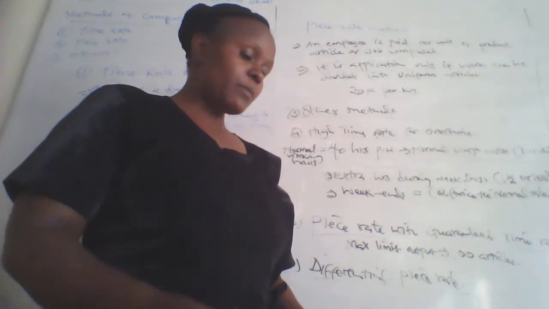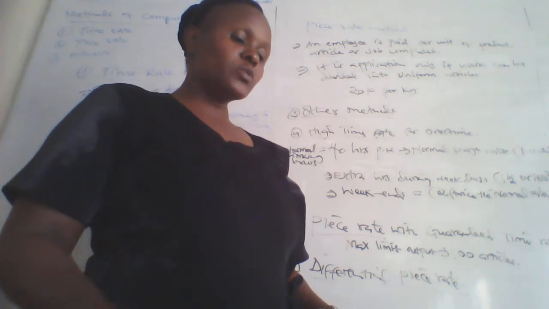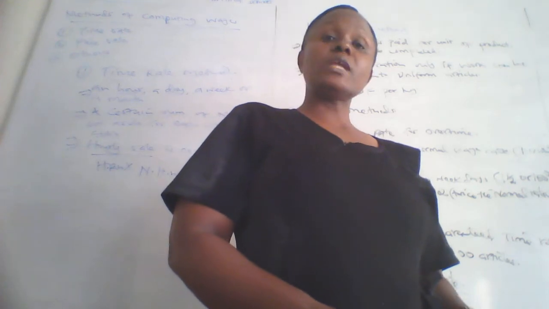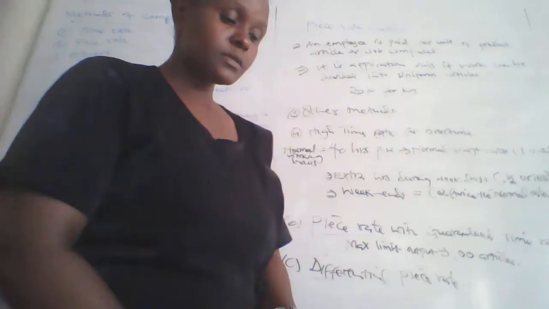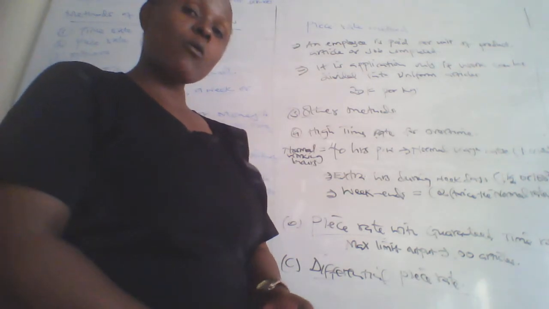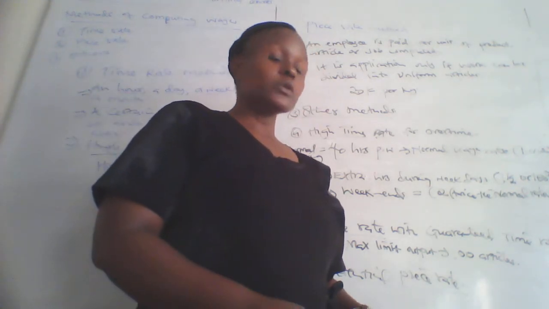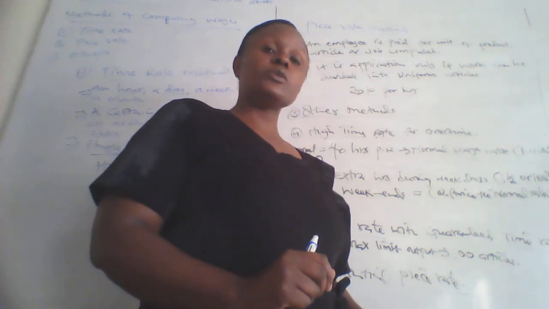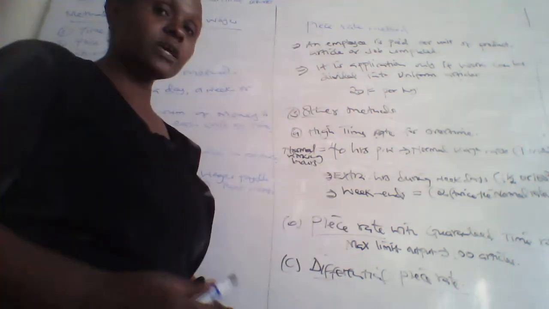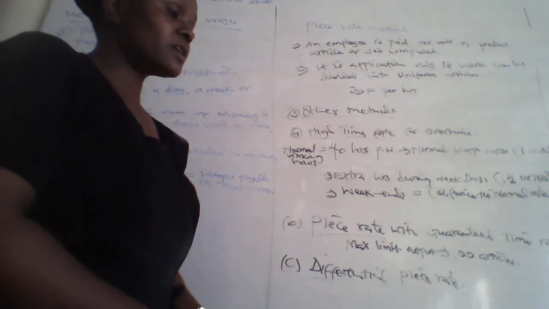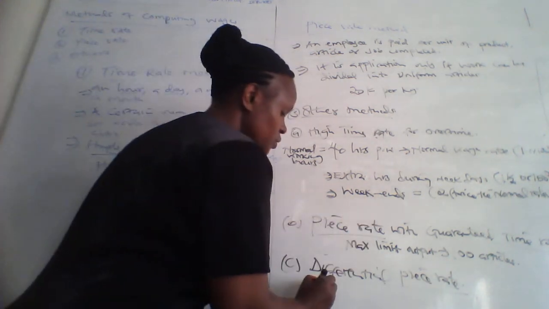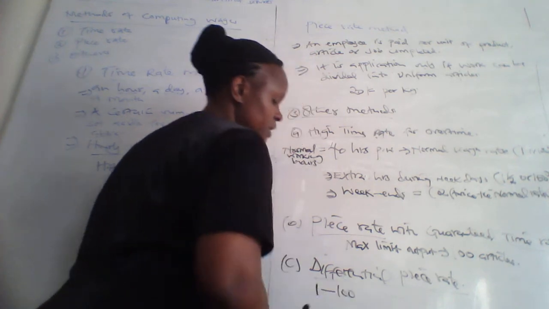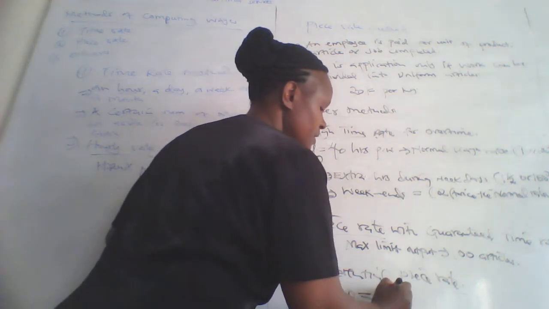So, for example, if a worker produces more units, then he gets a higher piece rate beyond a specific level of output. For example, if the limit is, if you produce one unit to 100 units, you receive 5 shillings per unit.